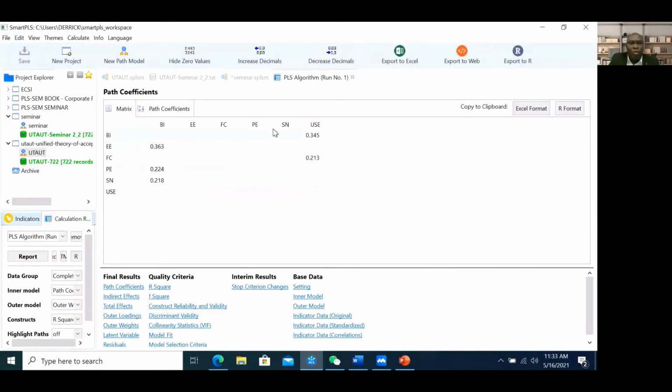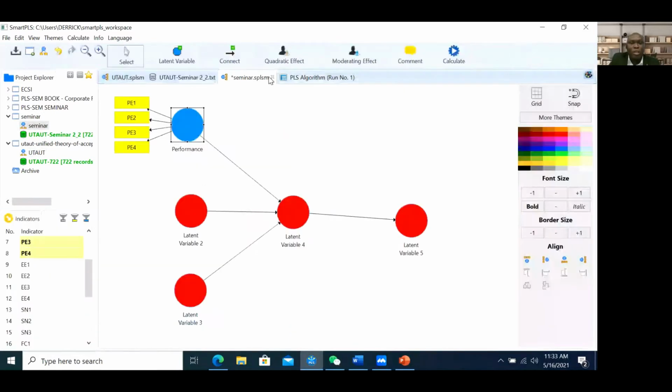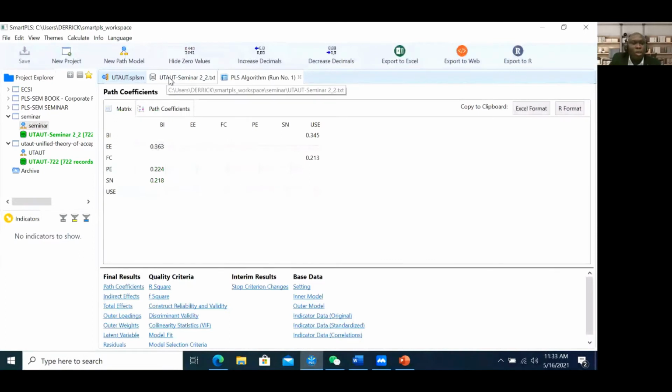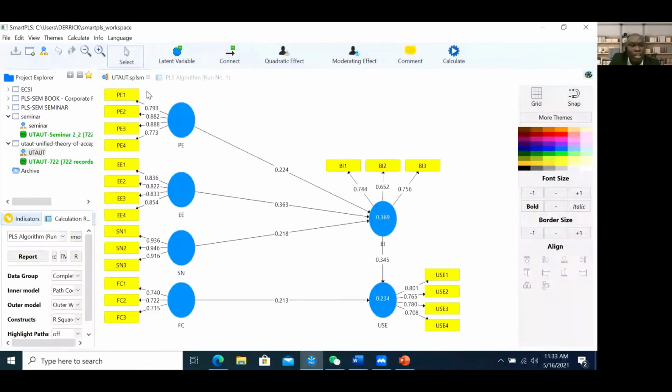Great. Now, once the calculation is done, let me close this. We don't need this. Let me close this too. Great. Once the calculation is done, you see the values that are assigned to each of the indicators. So these are the various factor loadings for each of the latent variable constructs, okay?